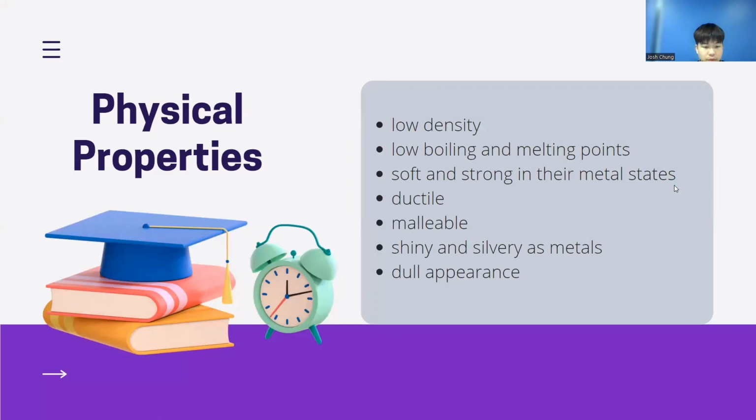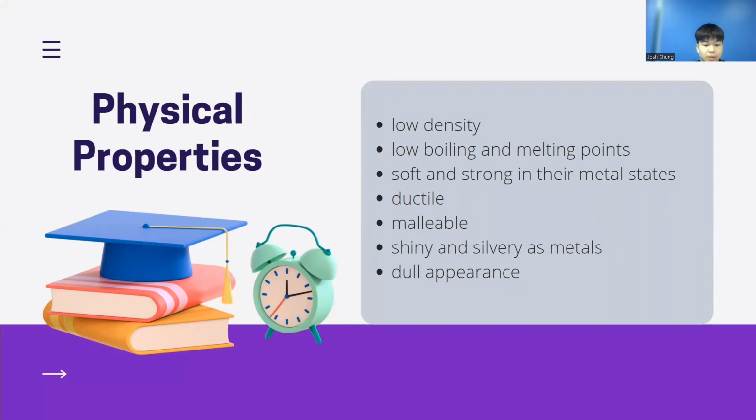And next, we'll move on to physical properties, which are the properties that can be determined without changing the elements in any form. The physical properties of the group 2 elements are low density, and low melting and boiling points, except beryllium. They are also soft and strong in their metal states.